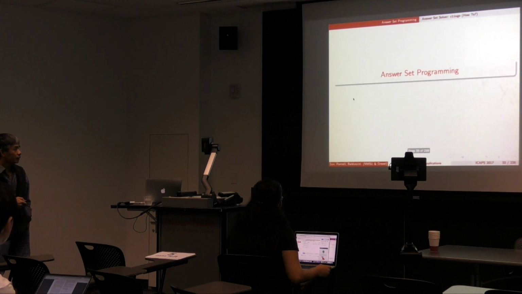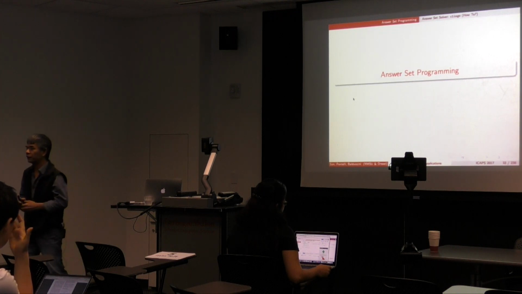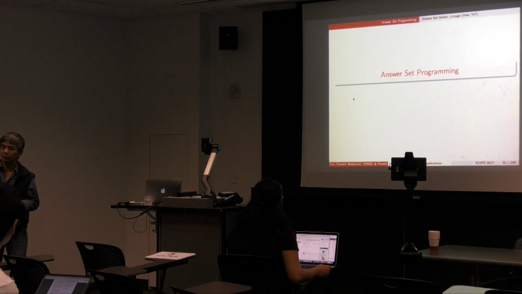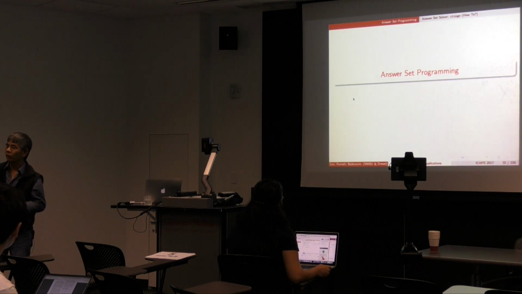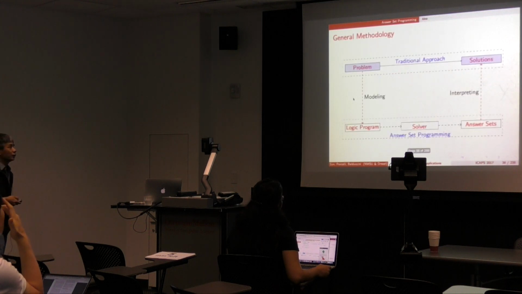So how do we use this? So far I have given you the background on logic programming and the main notion of answer set. How do we use logic programming under the answer set semantics to solve problems? That's the general idea.